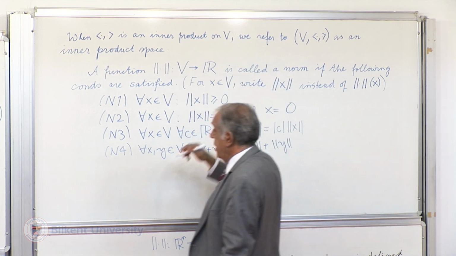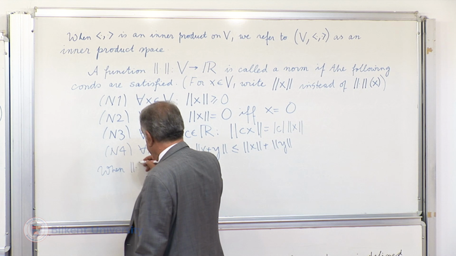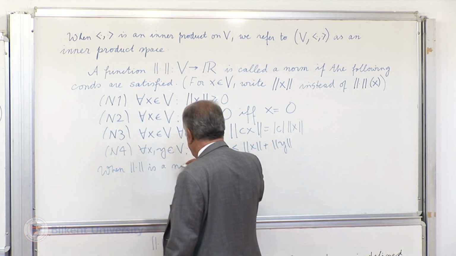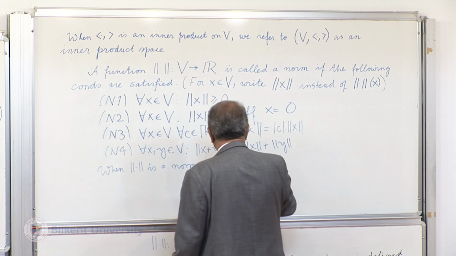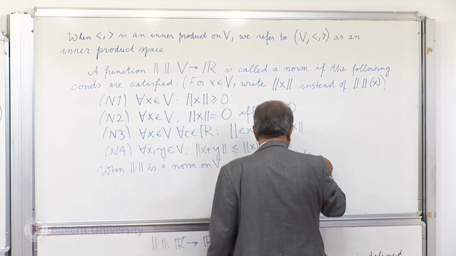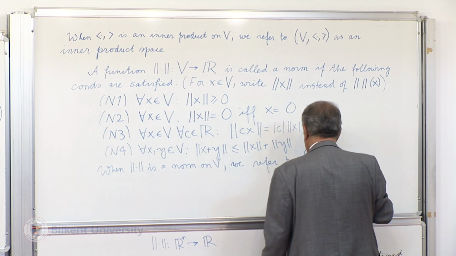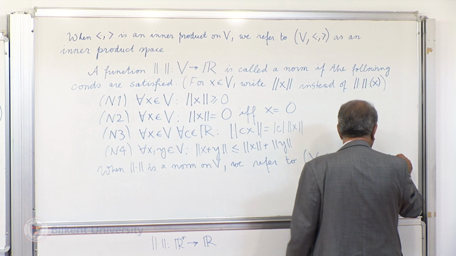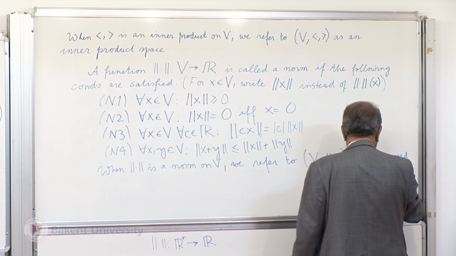As in here, when this is a norm on V, we refer to V as a normed space.